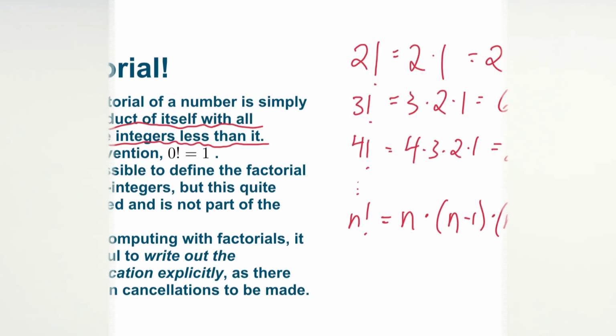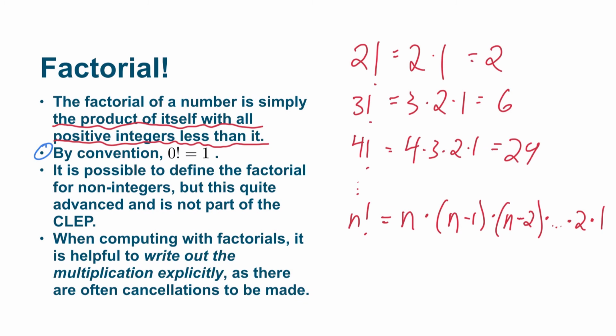So I'll make a remark that it's helpful to actually write out this type of long multiplication when working with factorials. Writing things out like this lets us see patterns in the factorials more easily, and will also let us perform operations with them more easily, such as cancellations.